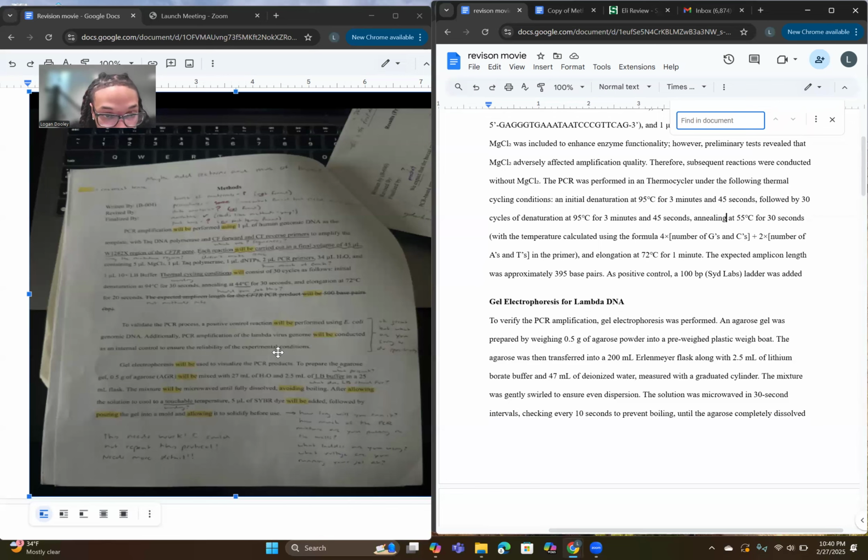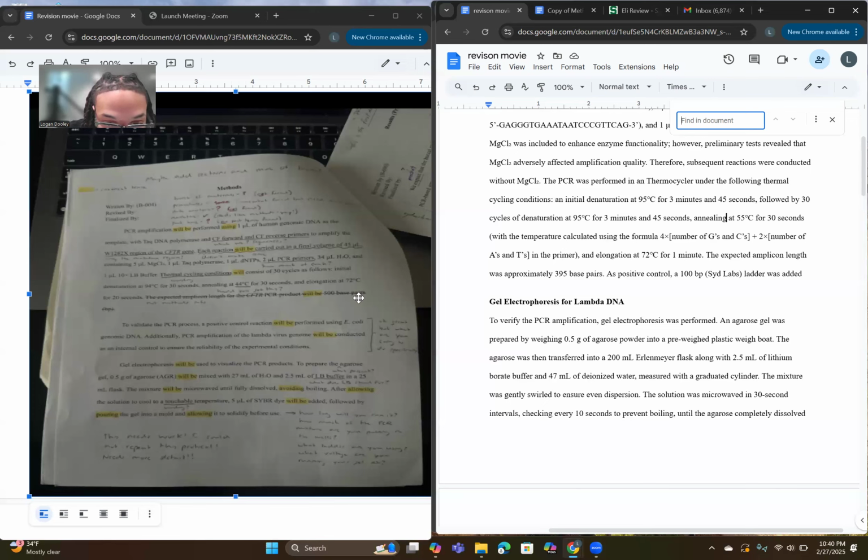Right here, where it talks about the annealing, it says, how did you set this? So when I talk about our annealing, I mentioned the temperature, which we calculated from this formula: the number of G's and C's plus two times the number of A's and T's in the primer. That's how we got that temperature.